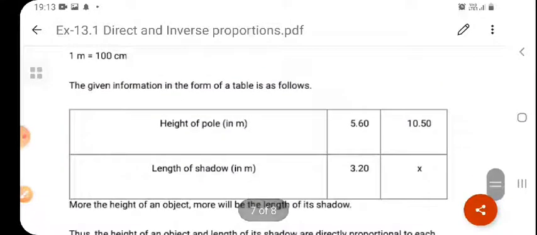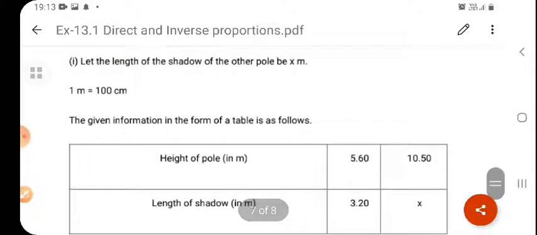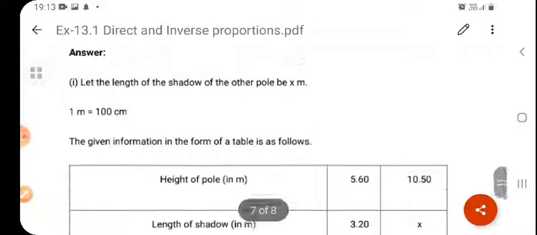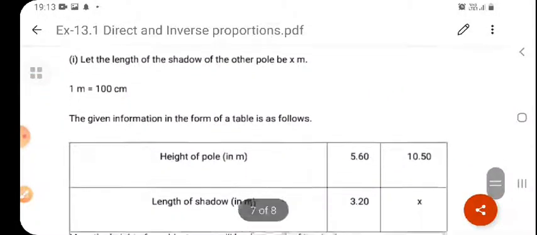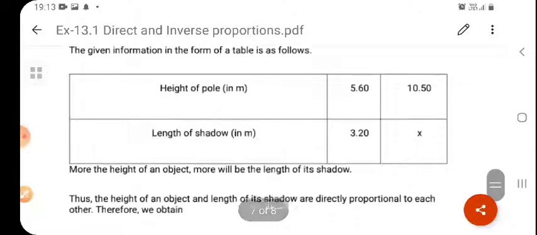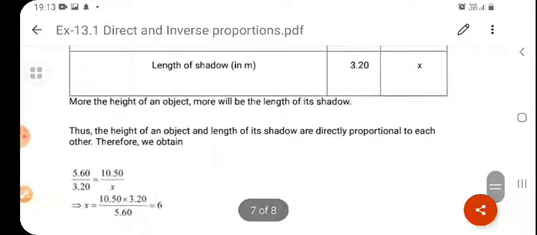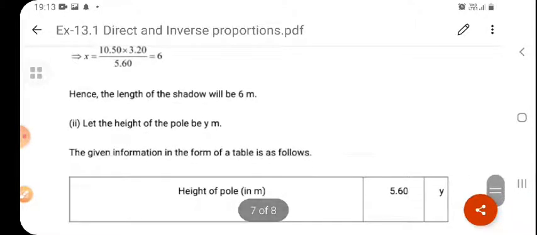So the given information is changed to decimal form: 5.60 meter the height of pole and 10.50 the height of the other pole. The length of the shadow is given 3.20, and we are assuming x is what we have to find. So the length of the shadow will be 6 meter.